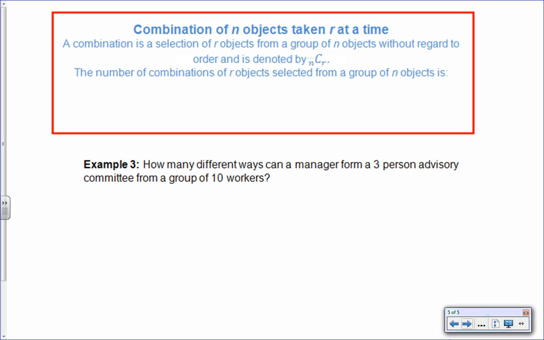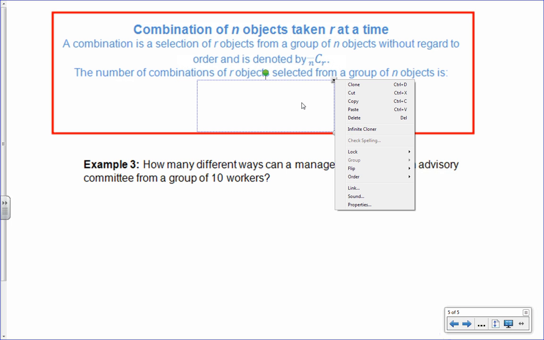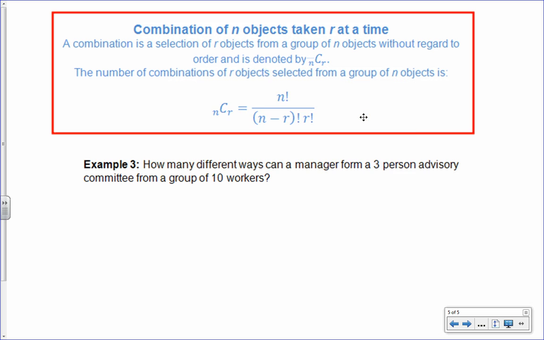So it's nCr this time, and it has a slightly different formula. Would you expect this number to be larger or smaller than the permutation number? Smaller, okay? And that's why we're going to divide by an extra piece. So it's pretty much the exact same thing with another r factorial thrown in the denominator. That's basically another way of looking at it.